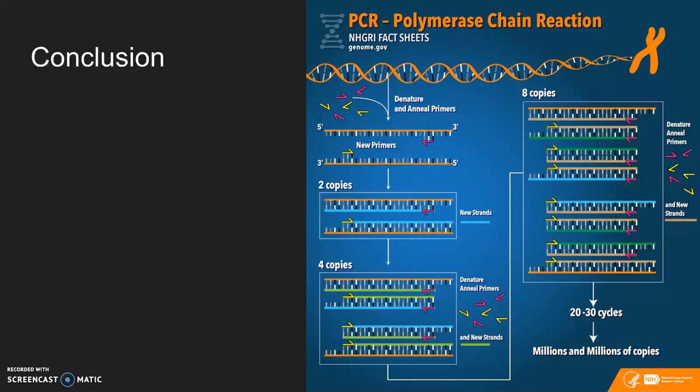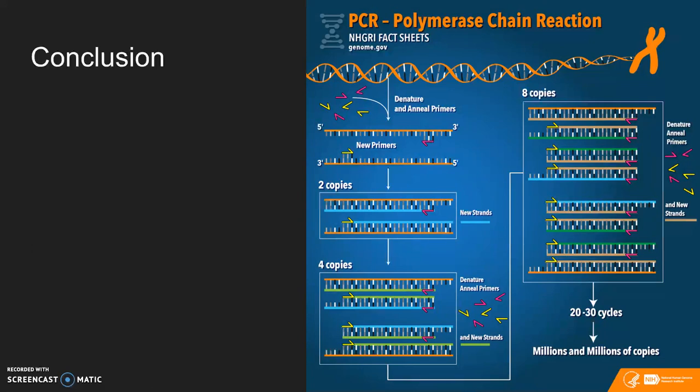The first step, denaturation, is when the double-stranded DNA unwinds into two separate single strands. The hydrogen bonds that hold the complementary bases together are very strong, so it requires a lot of heat energy to break them. As a result, denaturation occurs at a very high temperature.